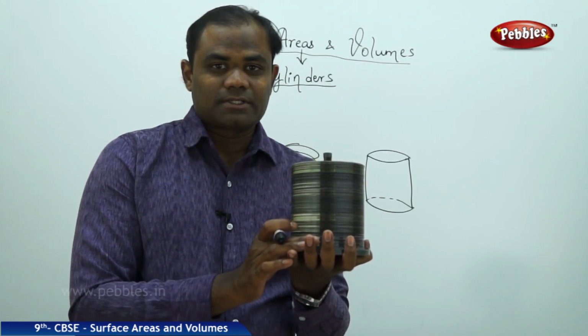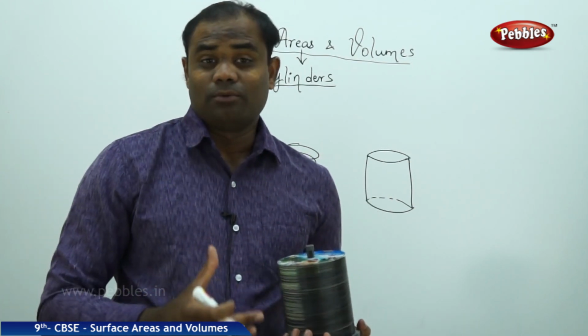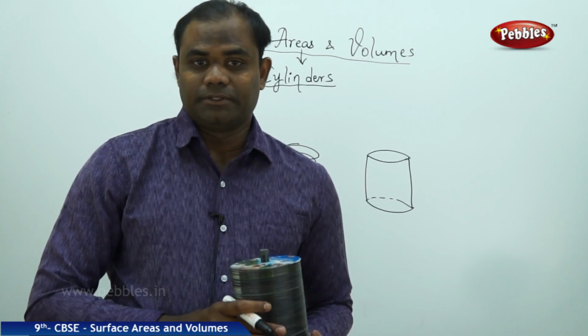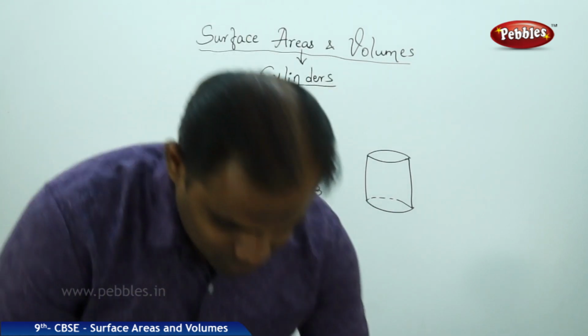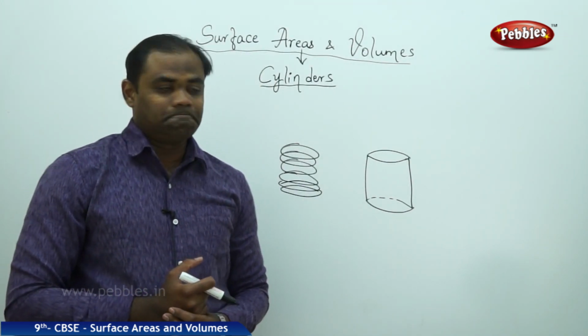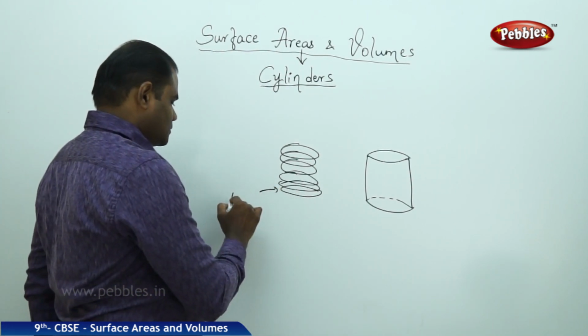So in mathematics, the set of infinite circles built on each other to form a cylinder is how we understand it through mathematical means. Now let's try to make it more brief.